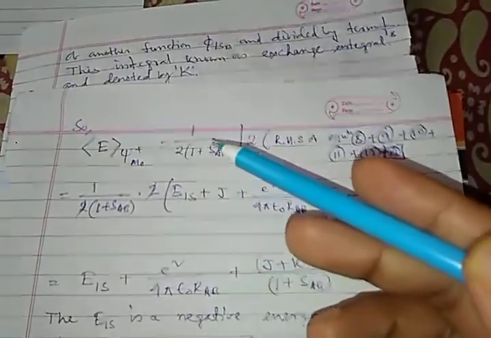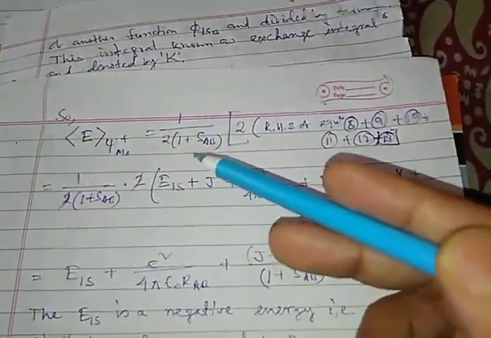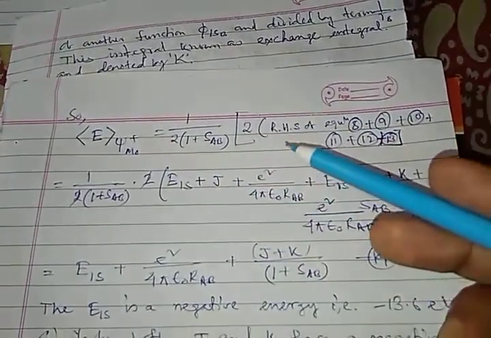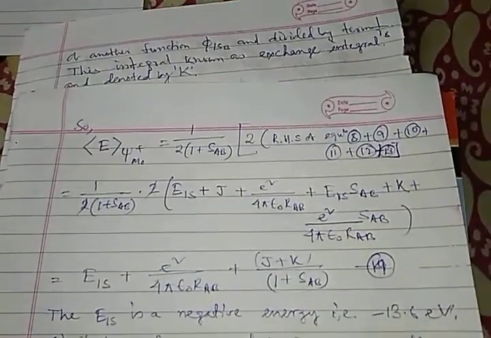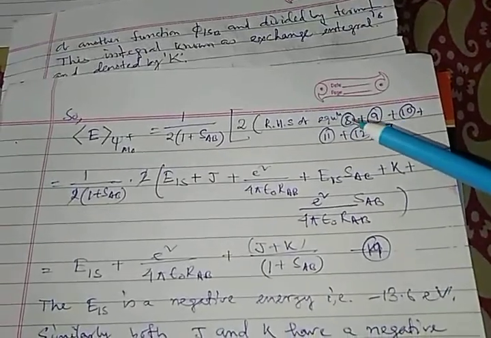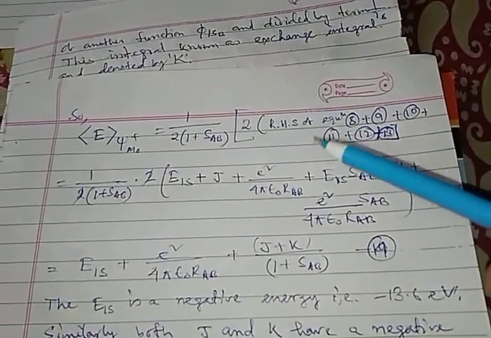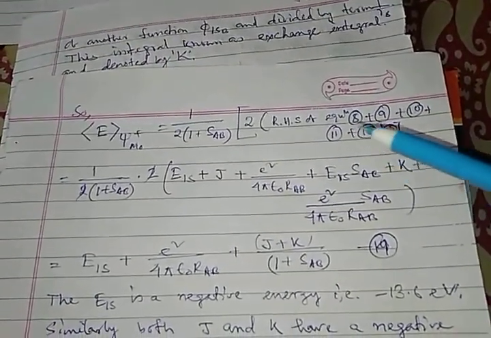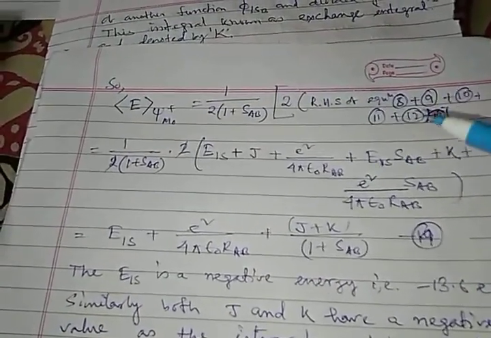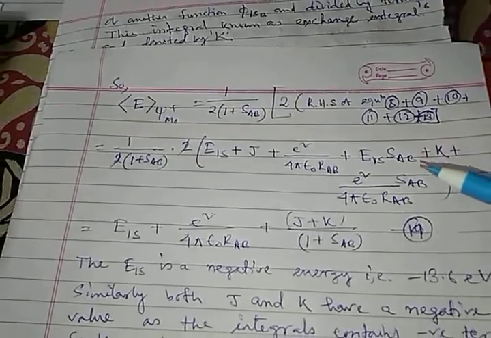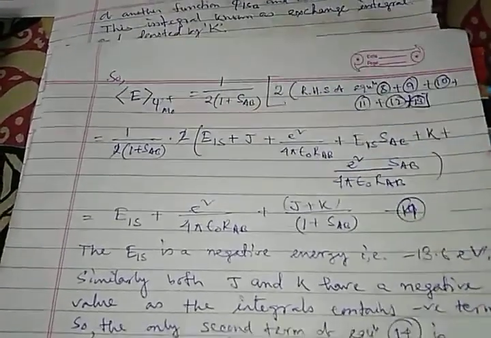So the average energy will be 1 by 2 into 1 plus SAB, and then I have a 2 multiplied with all the 8 terms which I have noticed from equations 8, 9, 10, 11, 12 and 13. The values obtained from these equations are all on the right hand side.